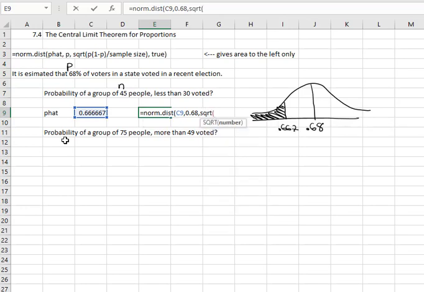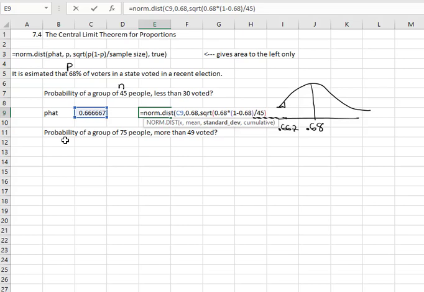SQRT for square root. Then we'll use our proportion from the population, 0.68, times, open a parentheses, 1 minus the proportion, 0.68, close the parentheses on the 1 minus, divided by the sample size. We said there were 45 people.